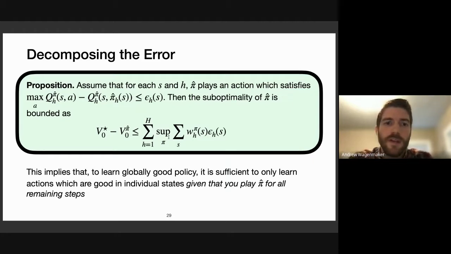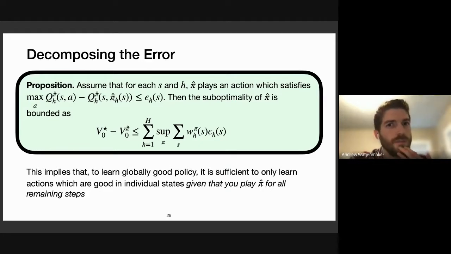But the basic idea is that because the action you're taking at stage H could really be anything, how likely you are to reach a state in the next episode is kind of hard to quantify without just upper bounding it by all policies. I don't know if that makes sense.